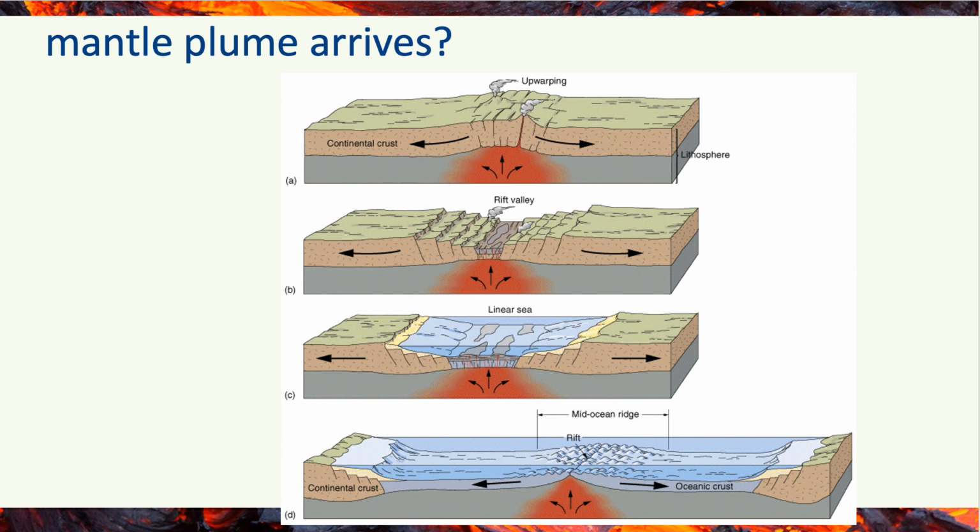And then we have eventually the development of a mature ocean. So we've split this continent apart to form an ocean basin. Eventually, this oceanic lithosphere will cool down enough that it will begin to subduct, at which point we can start consuming this ocean again and bringing these continents back together to form a new supercontinent.